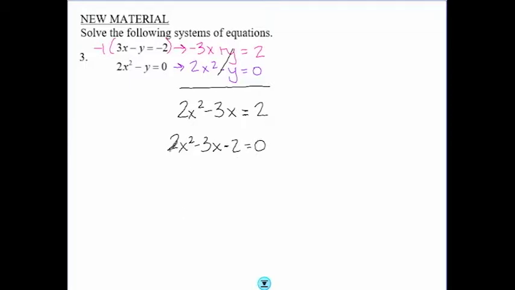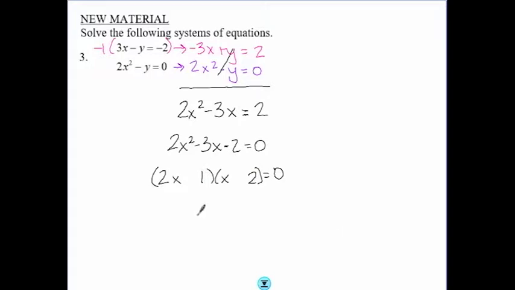So when I factor this, I know that the only factors of 2 are 2 and 1. Same thing with the c term. The only factors of 2 are 2 and 1. I just need to figure out where the 2 and the 1 go and which one is positive and which one is negative.